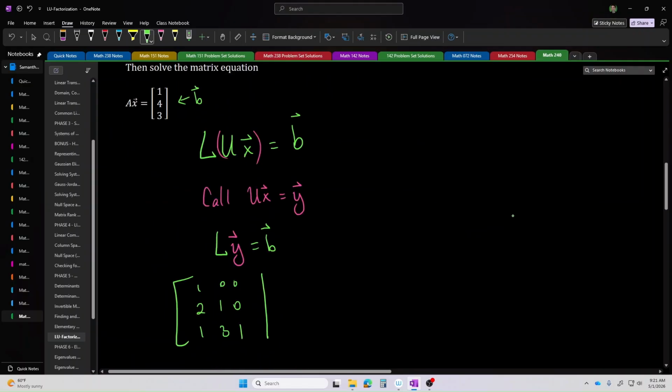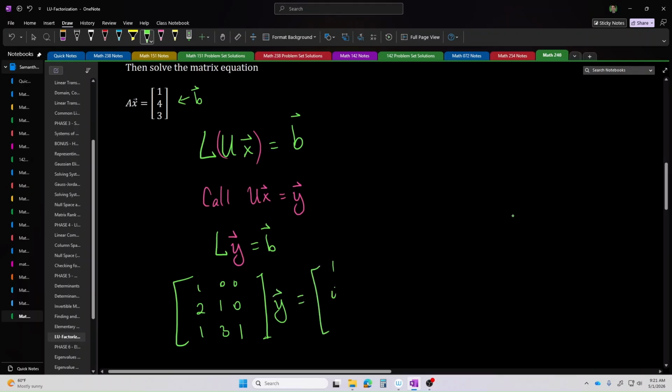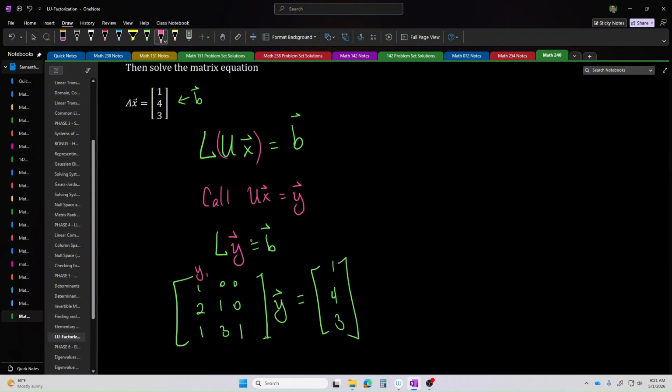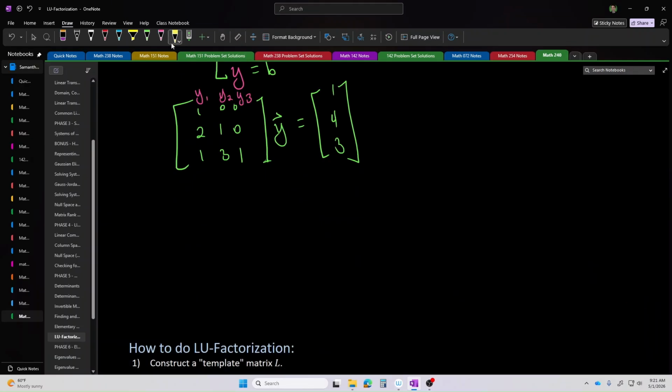Take the matrix L. I want to multiply that matrix by the vector y and output this vector 1, 4, 3. So if I read these rows for information about the entries of our y vector, the first row is going to say that y1 must be equal to 1. And then from the second row, I get the statement 2y1 plus y2 equals 4. And just by substitution, I can get the value of y2 very quickly.